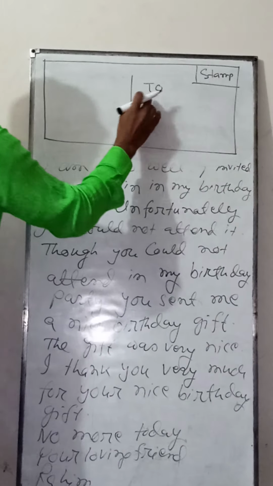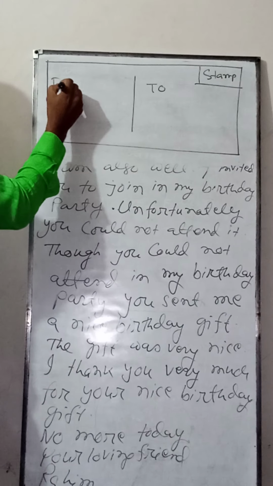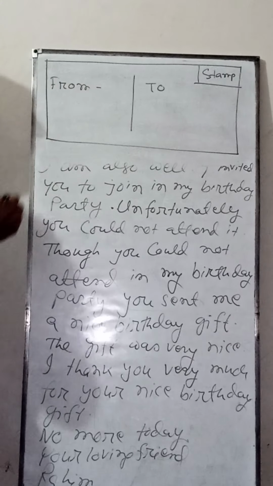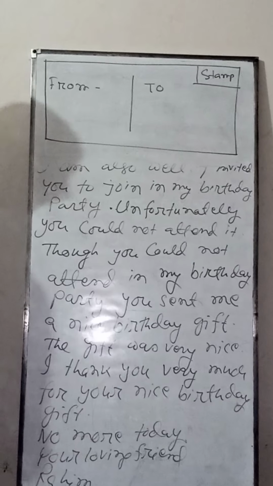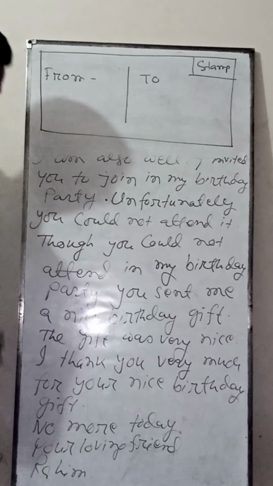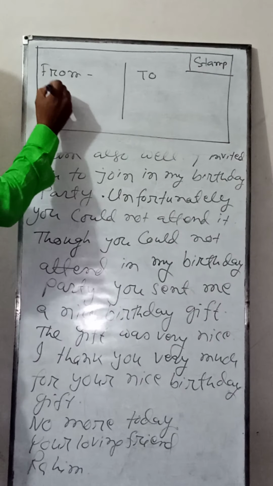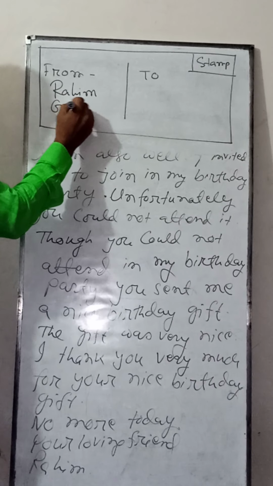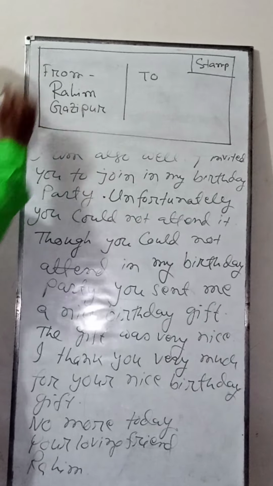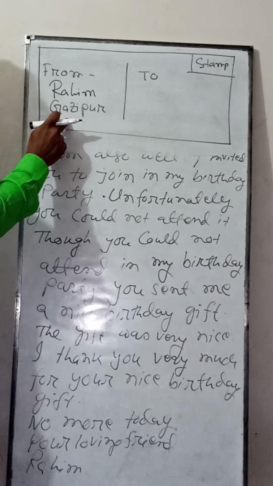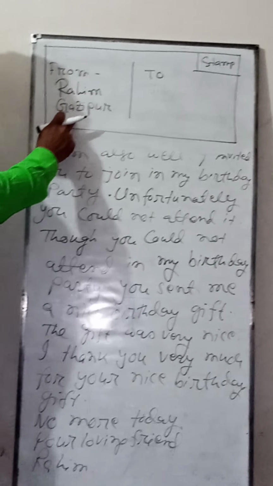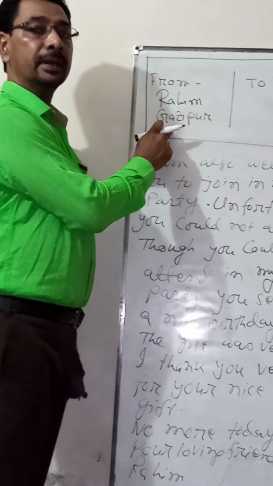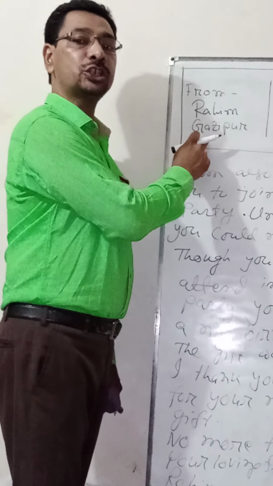Here, to, and this is the recipient, and from, this is the sender. Suppose you are Rohim, your friend Rohim. Here you have to write Rohim, Gazipur.